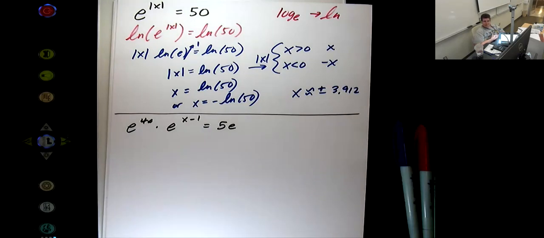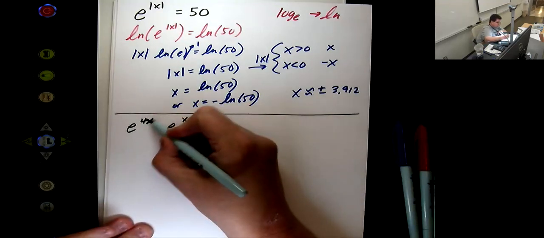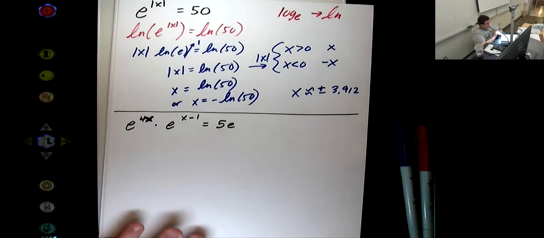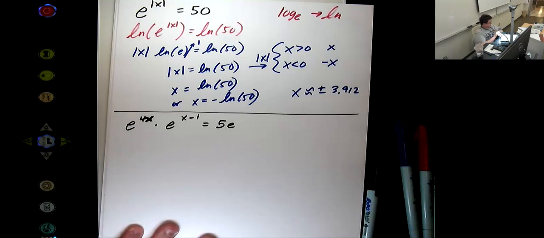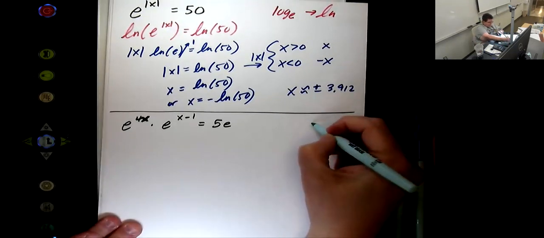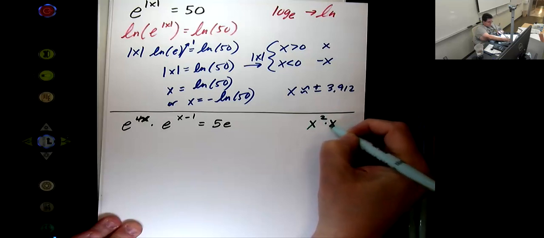That 40? 4x. Right. Okay, so first off, what would we do if we had x squared times x to the 5th power?